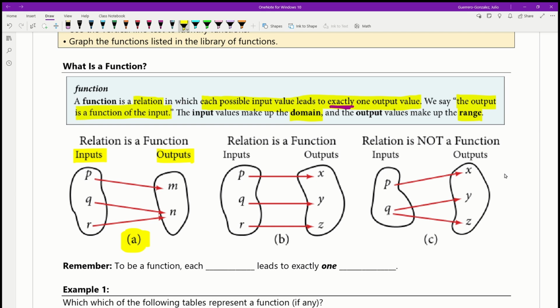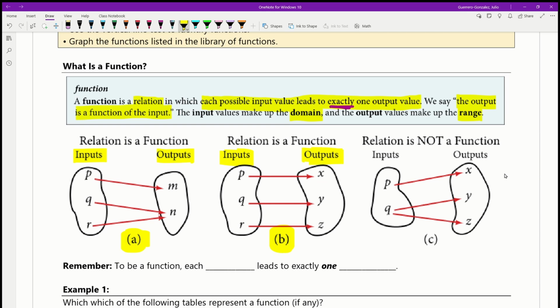Each input goes to exactly one output. For B, this one seems a little easier. All of the inputs go to exactly one output.